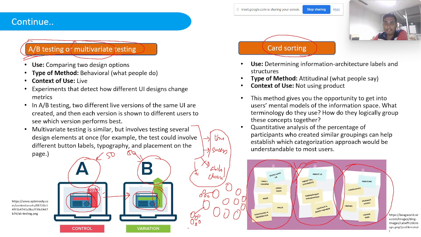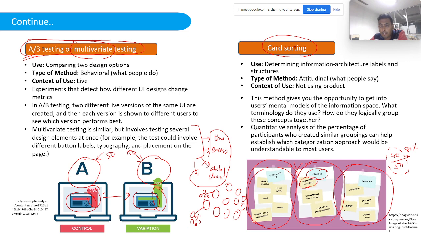Okay. So in order to understand that, what we need to know is the count of how many people actually did this particular arrangement. For example, if you have 50 users, out of 50, 40 people put this particular label, about the university, under about us. So the occurrence of about the university under about us is 40. So that means it is 80% probability.